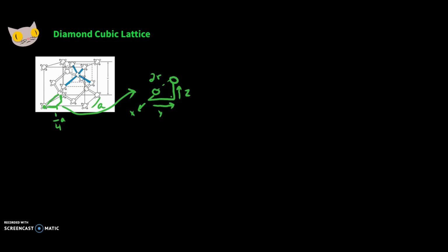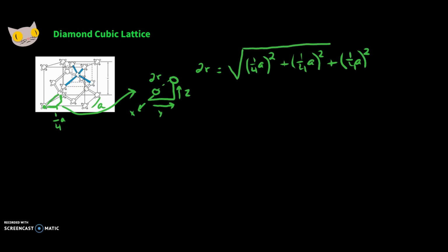Now we'll use the 3D Pythagorean theorem. We have 2r is equal to square root 1/4 A squared plus 1/4 A squared plus 1/4 A squared.